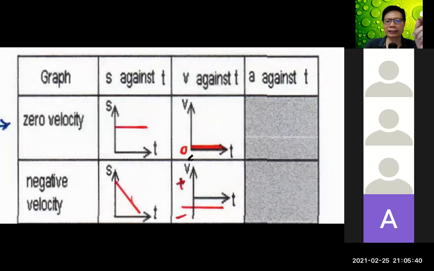On the velocity-time graph, to show negative velocity, the line must be down here, because positive velocity is up here and negative is down here. Any line you draw here becomes negative velocity. There are so many graphs, later we'll ask you one by one, or you have to memorize them. Okay, next.